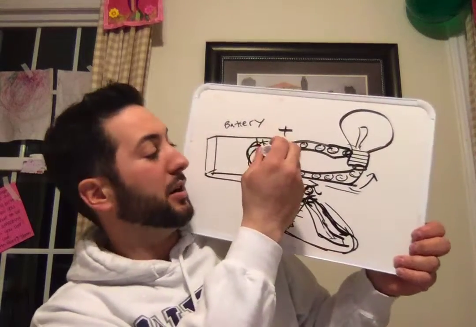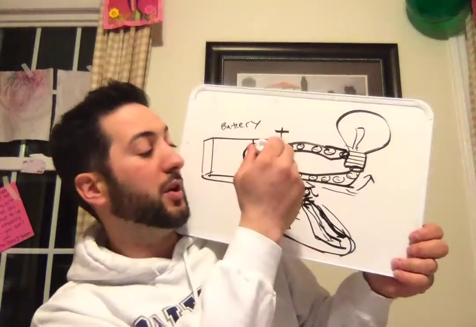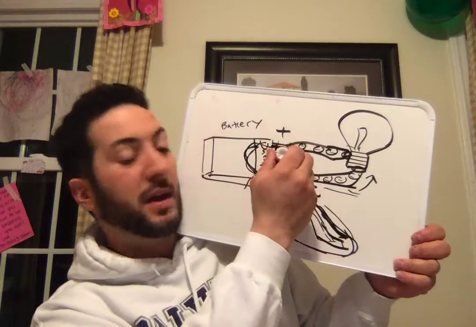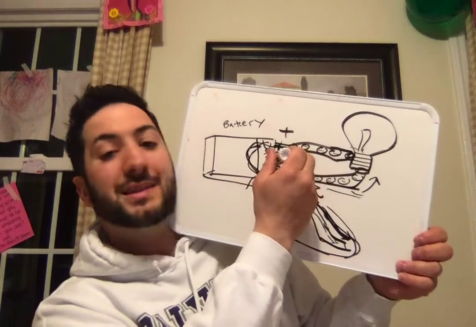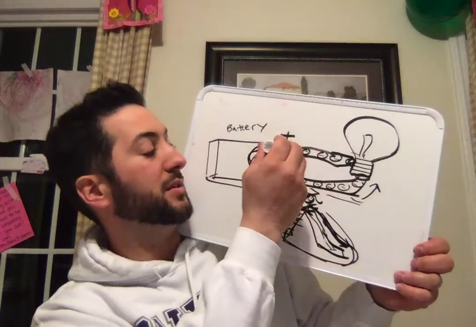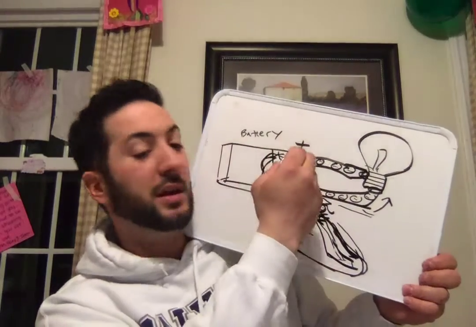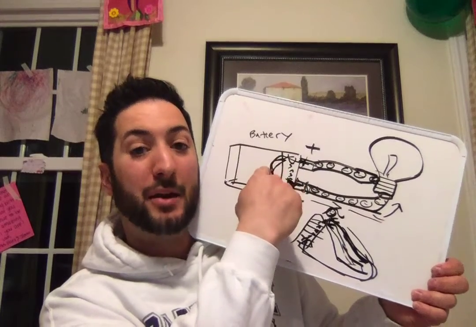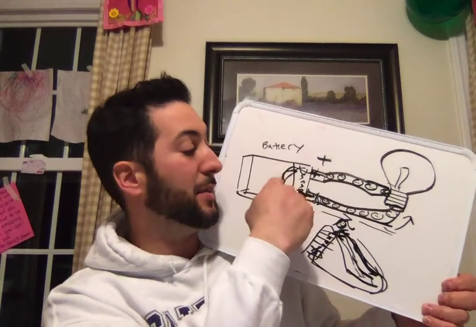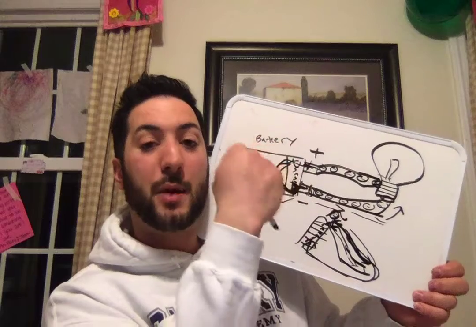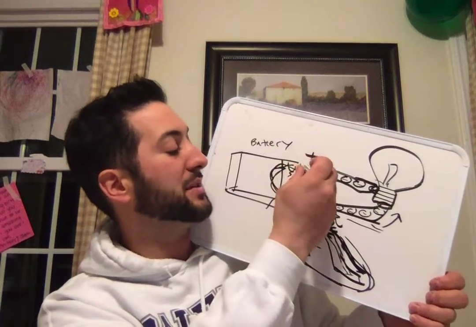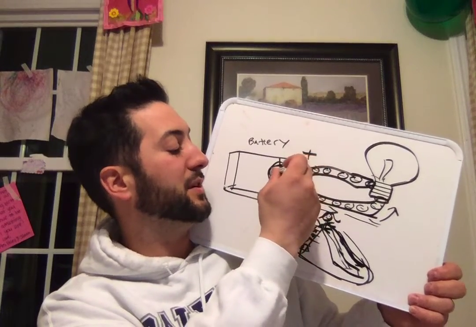Same thing happens here. They naturally just flow. As soon as they exit this battery, with the negative here and the positive here, they naturally flow around toward the positive. What has to happen is work has to be done to get them from here to here, and that work is done inside the battery. There are chemicals inside the battery. A chemical reaction brings those negatives over here.